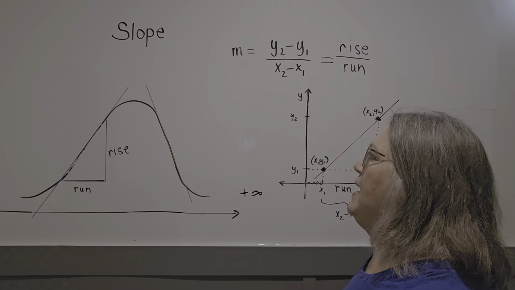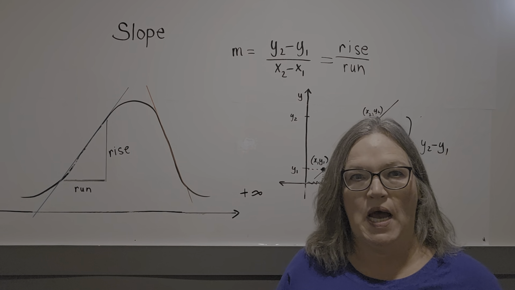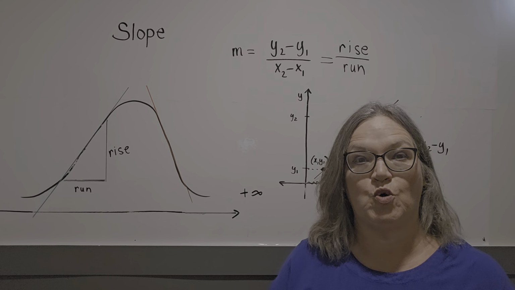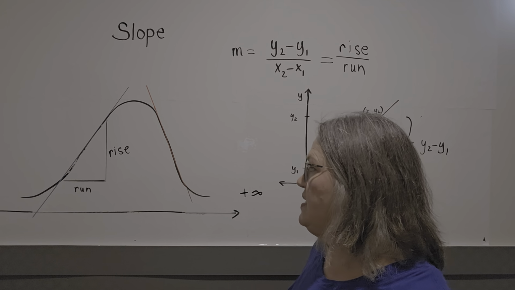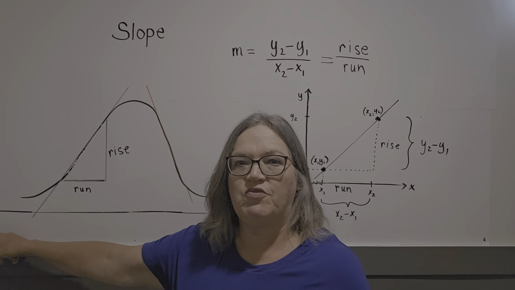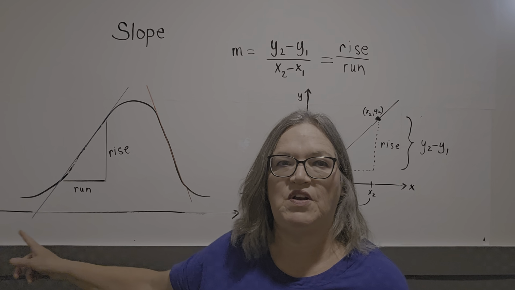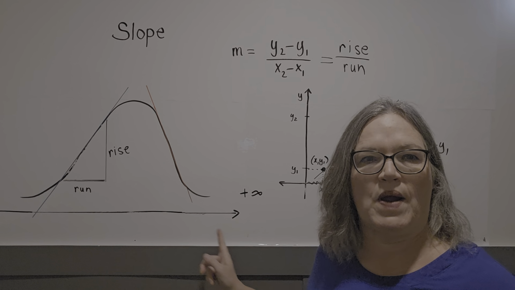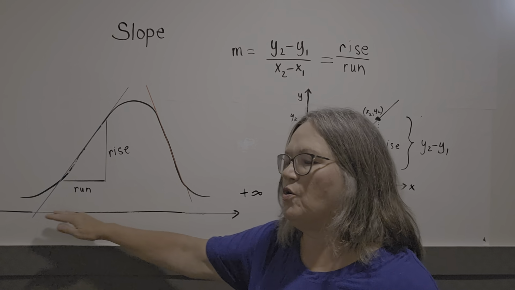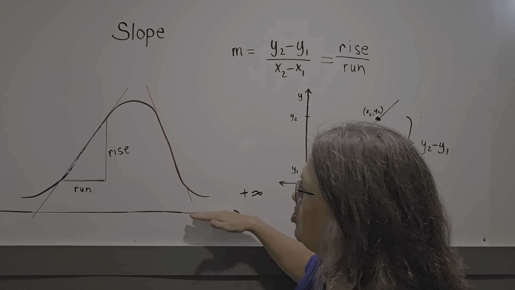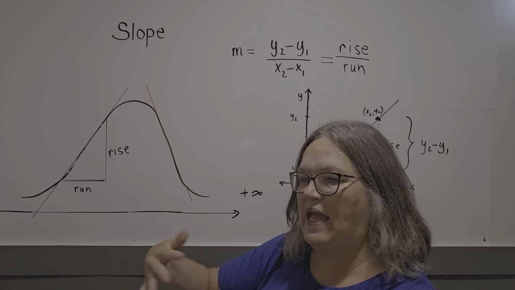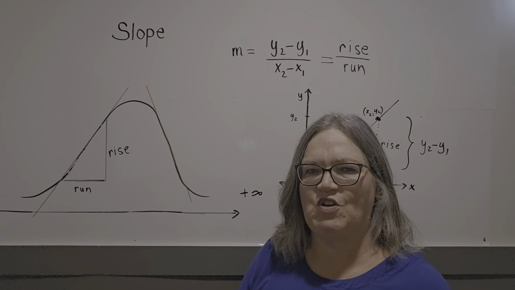You might say, just think of when you're going uphill, it's positive. When you're going downhill, it's negative. You know, up is positive, down is negative. But you're always traveling from negative infinity to positive infinity, or in that direction. You don't want to go the other direction, because then you might be going downhill, but because you're going negatively, it cancels out the negative and you get a positive slope.